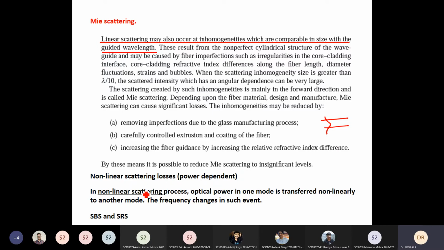One is SBS, which is stimulated Brillouin scattering. The other nonlinear scattering process is SRS, which is stimulated Raman scattering.